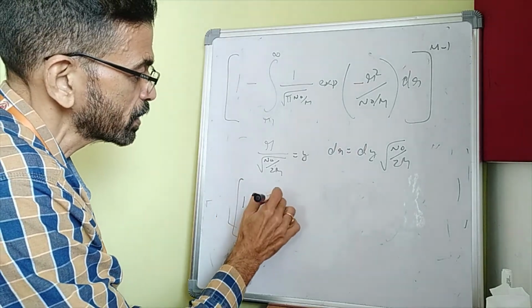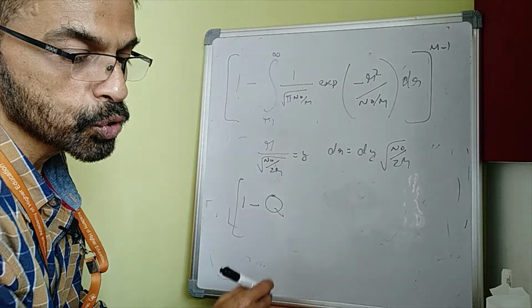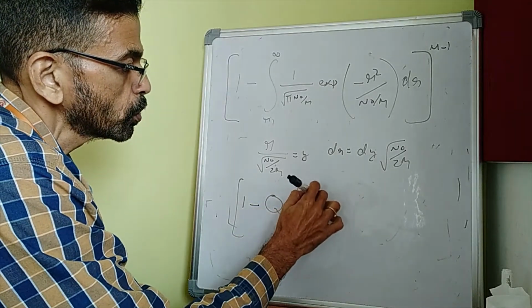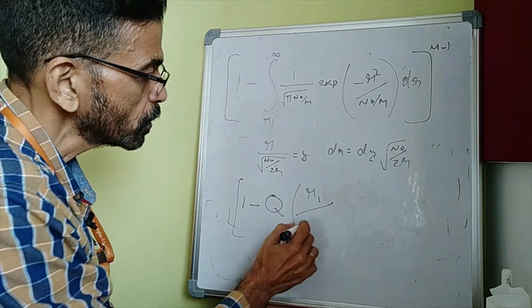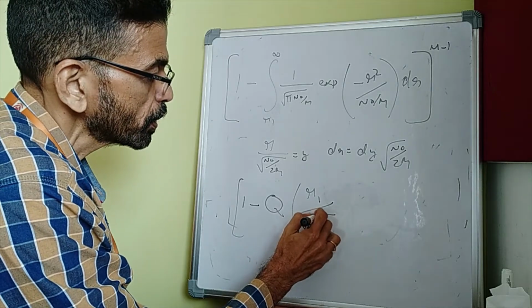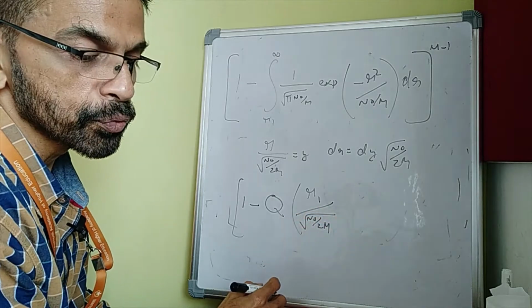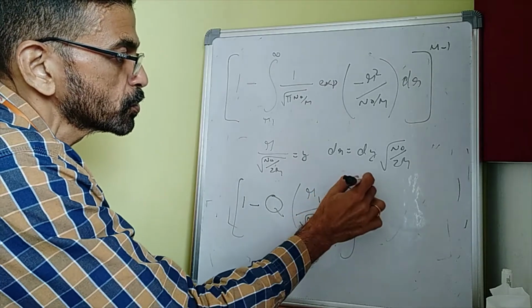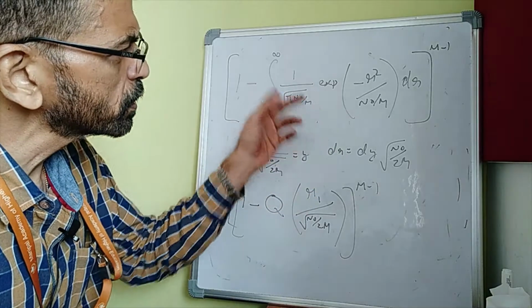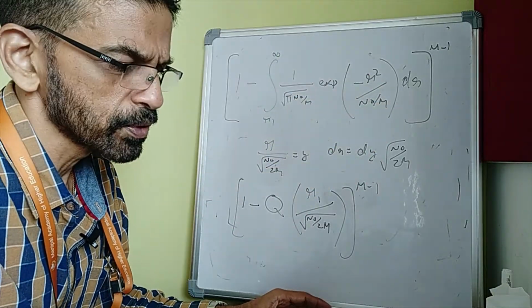You should be familiar with that now. 1 minus Q of R1 by root n naught by 2m, the whole raised to m minus 1. So we are just rewriting this in terms of the Q function.